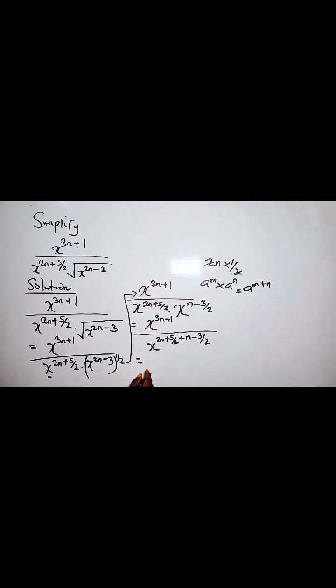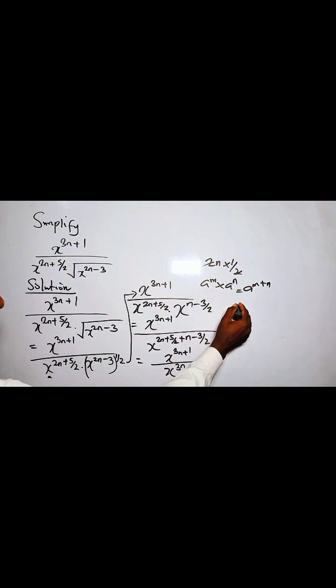Here at the numerator we have x raised to power 3n plus 1 over, and for the denominator we have x. We collect the like terms: 2n plus n is 3n. For plus 5 over 2 minus 3 over 2, that is 1.